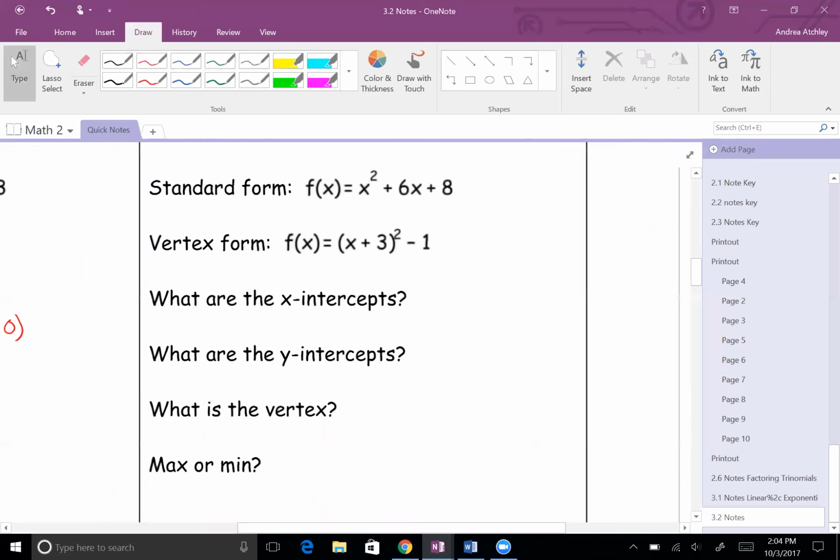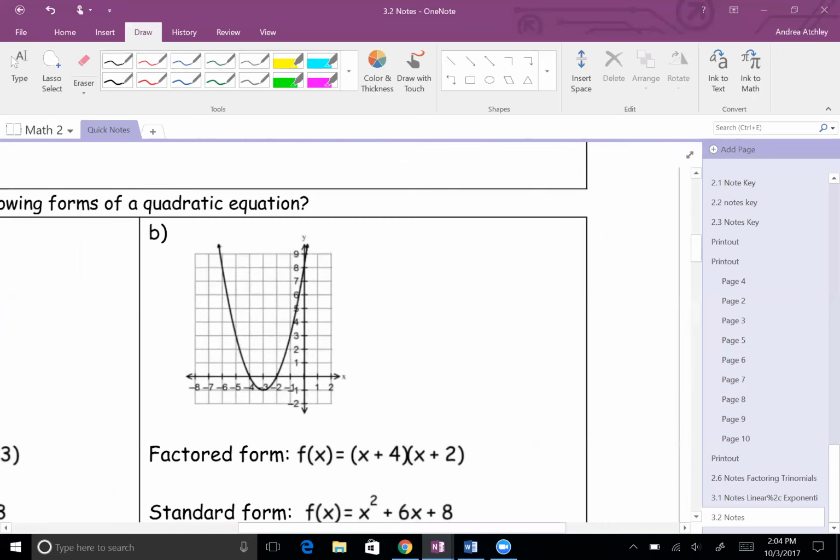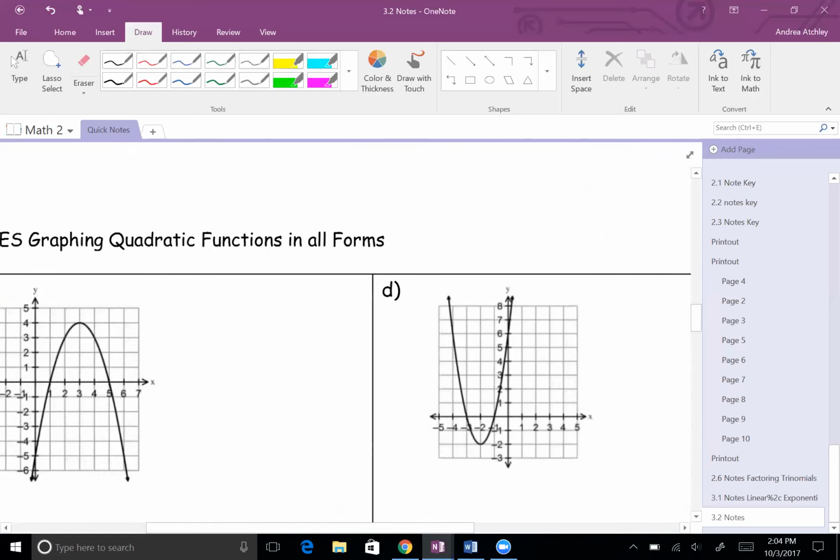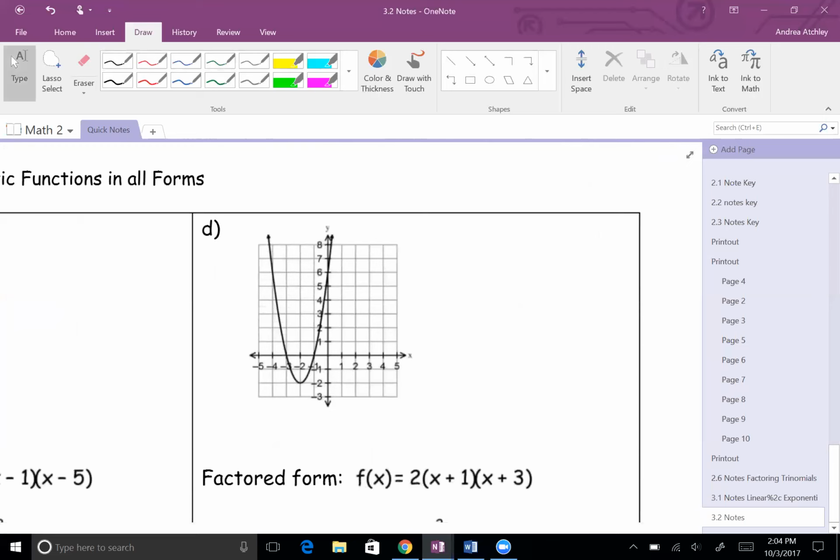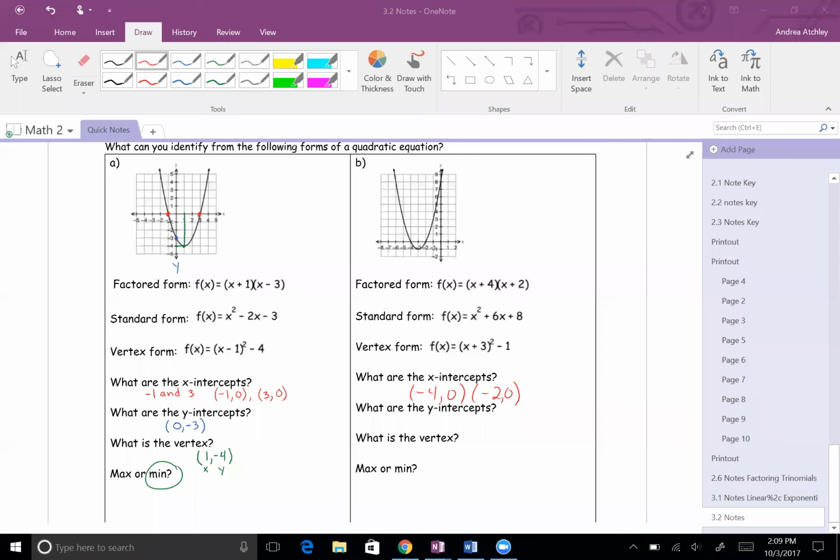Okay, so for B, C, and D, I want you guys to find all of those key features. Sebastian, what did you get for the y-intercepts? 0, 8. X is 0 and y is at 8.